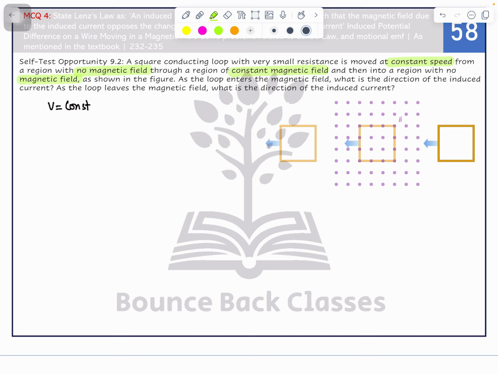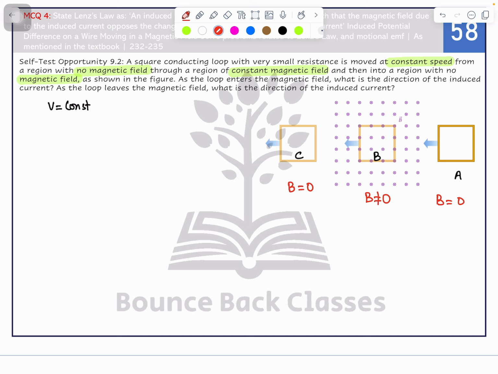So let's say this is your case A, this is your case B, and this is your case C. Here the magnetic field B is 0, here B is not equal to 0, and here the magnetic field B is 0.